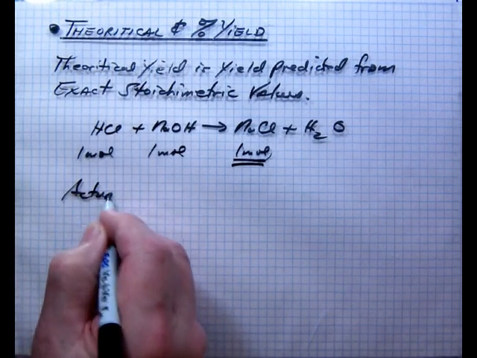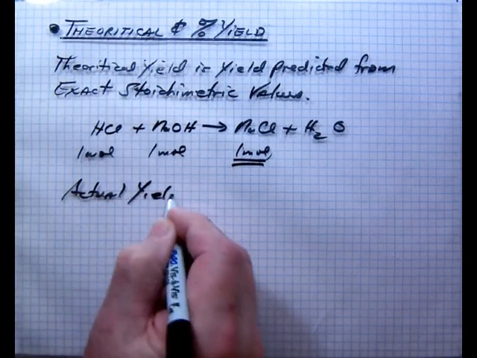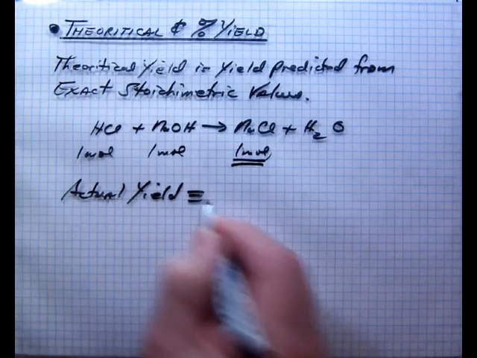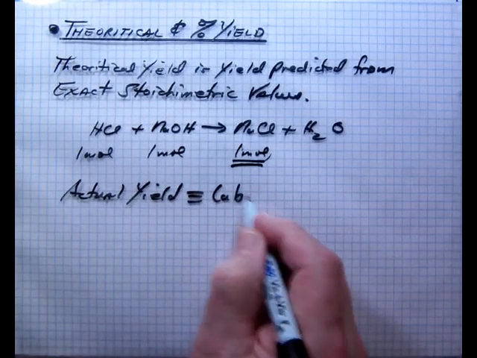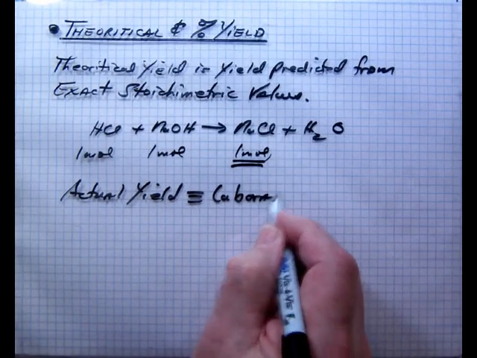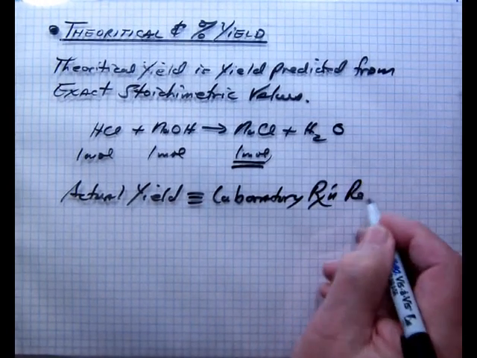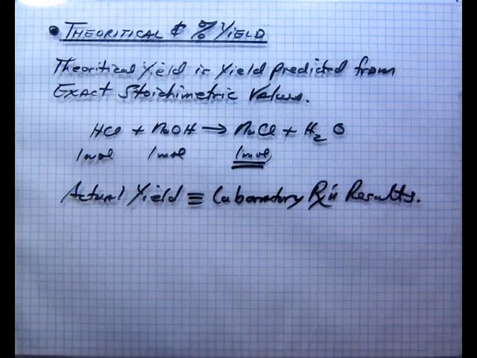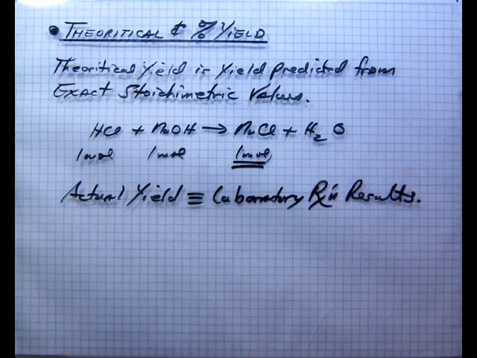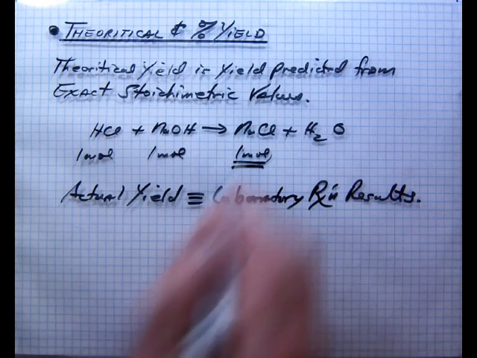Actual yield is the laboratory results. What you get in the laboratory. Now we can predict the generation of 1 mole.